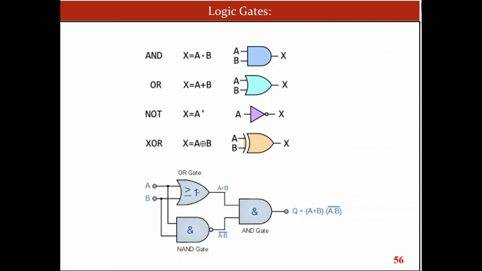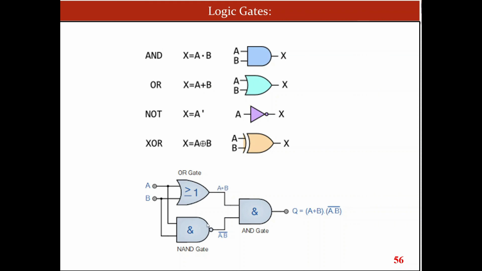The output of the OR gate and the output of the NAND gate will be the inputs of this AND gate. Now let's find the output. For the OR gate, the output will be A plus B.